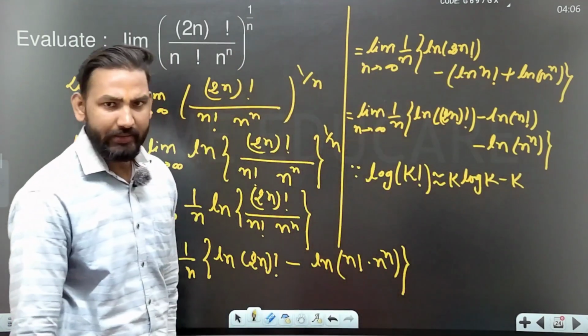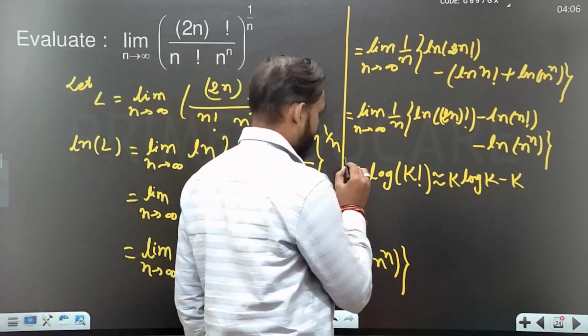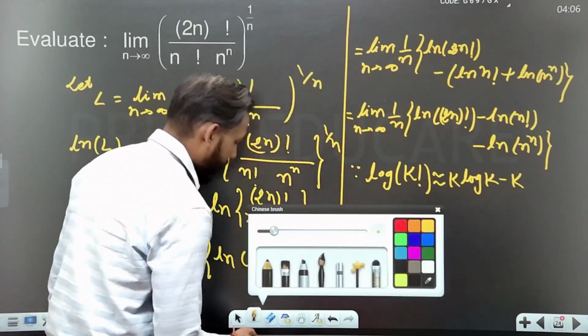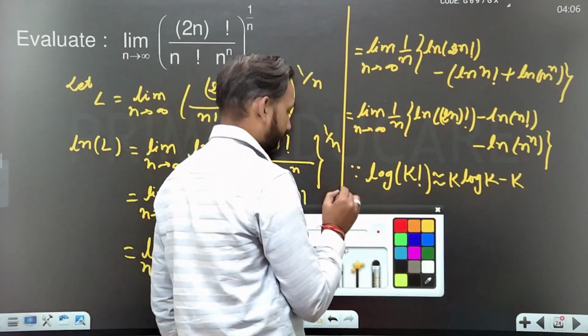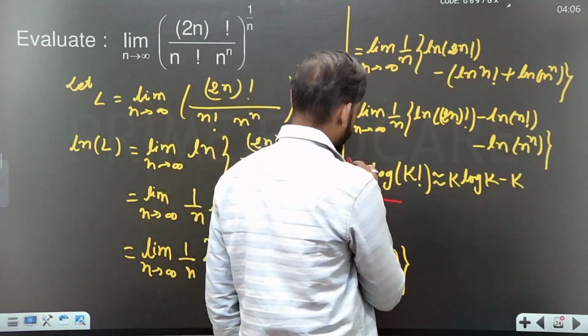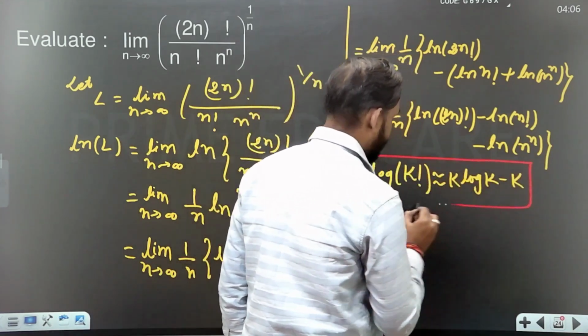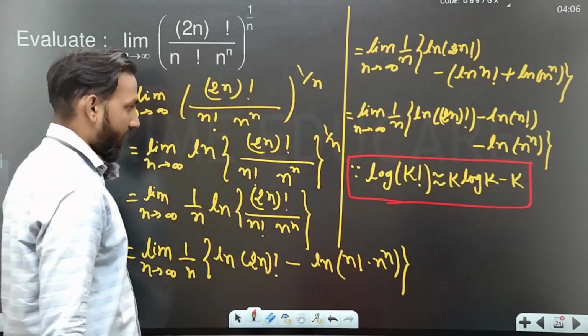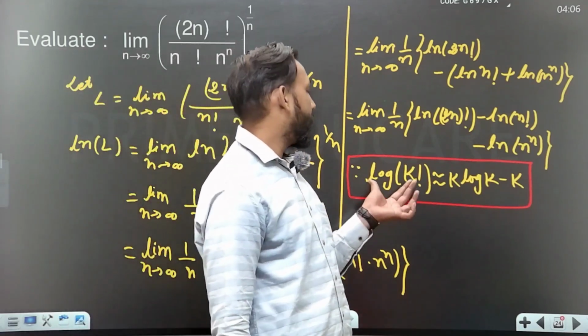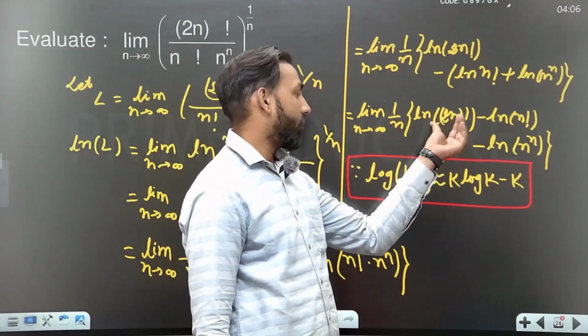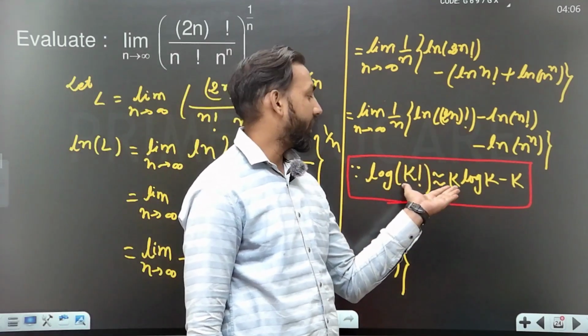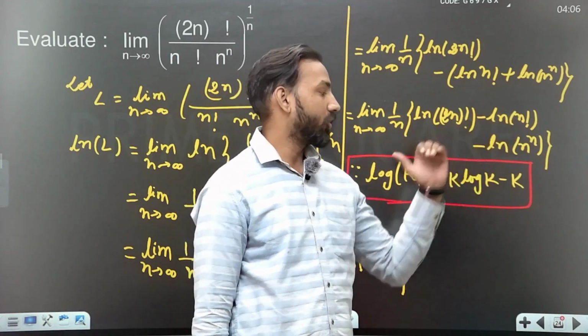Okay, this is a result which we know about. Okay, no problem. Then we can write this ln factorial 2n as approximately equal to this, and also this.